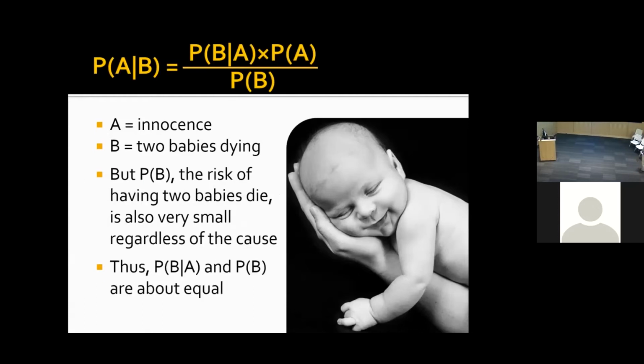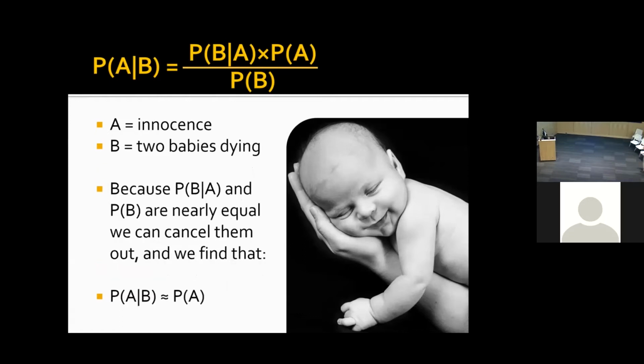But P of B is the risk of just having 2 babies die, independent of whether you are innocent or not. And that's also tiny, right? And so P of B given A and P of B are about equal. And what happens when you divide 2 numbers that are about equal? You get 1. So we cancel them out.